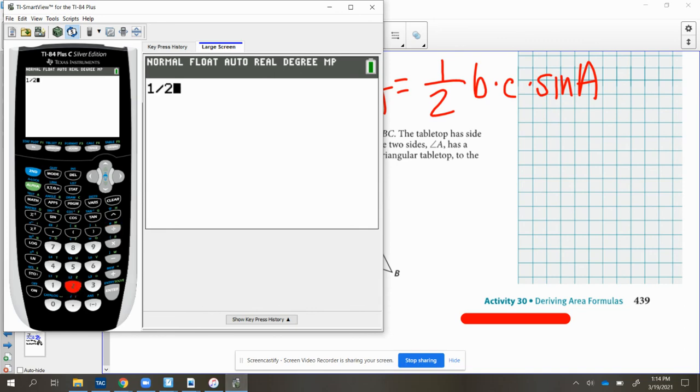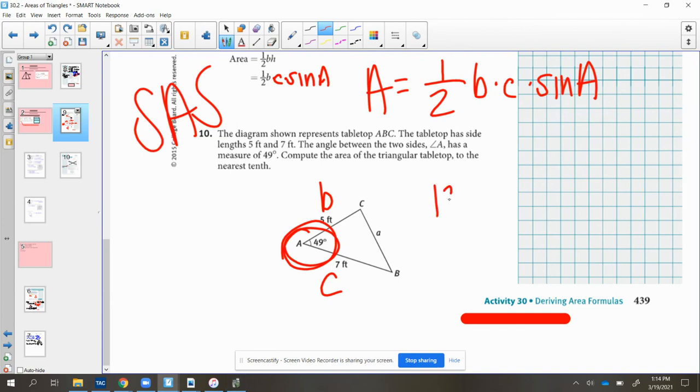So to get the overall area, you do 1/2 side times side times the sine of the angle in the middle. So 13.2 square feet would be the measure of my area.